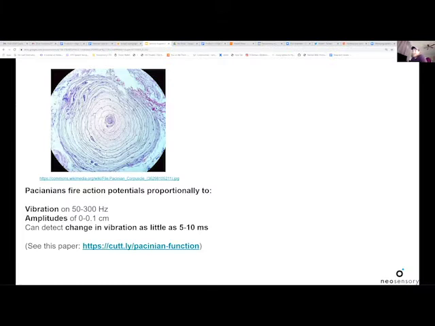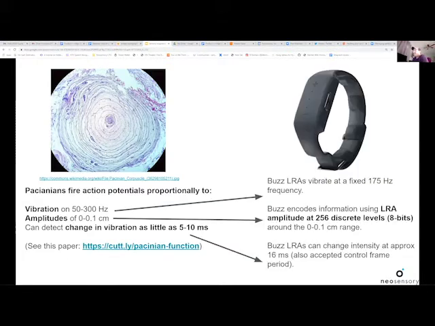As you increase the amplitude over a range of, say, 0 to 0.1 centimeters, you can see the receptor firing rate go up. I'm also linking to a paper here. Don't worry, we'll have links to all of these at the end. These receptors, for what it's worth, can detect changes in vibration on roughly the order of 5 to 10 milliseconds, and this is what Buzz has been designed around.